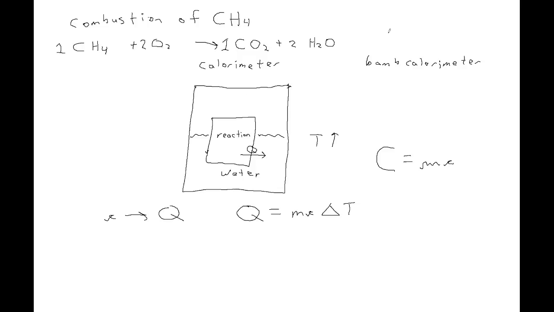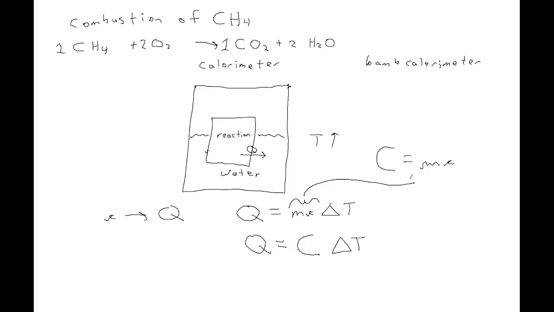So in terms of capital C instead of lowercase c, Q is equal to capital C delta T. How did you come up with that? If heat capacity is equal to m times the specific heat, and Q is equal to m times the specific heat times delta T, then we can just substitute in the heat capacity, capital C, for m, the mass, times the specific heat.